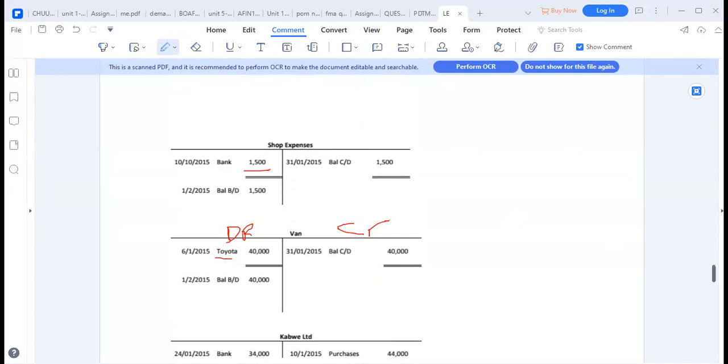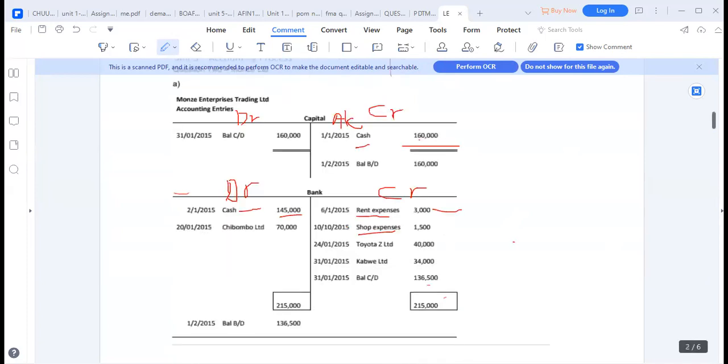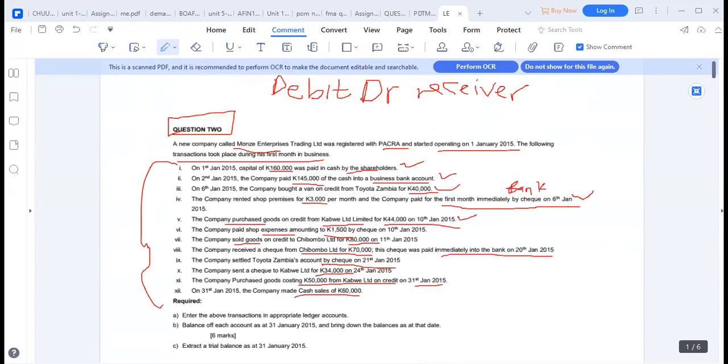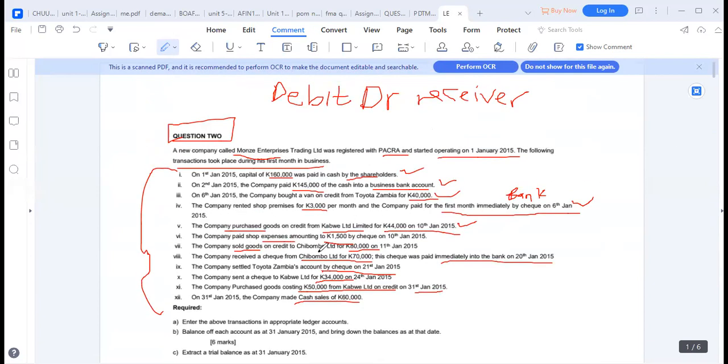Then getting down to the other one, shop expenses, this one is done. The company sold goods on credit to Chivombo. Chivombo is our customer. We sold to this customer. So the sales account was on the giving side.